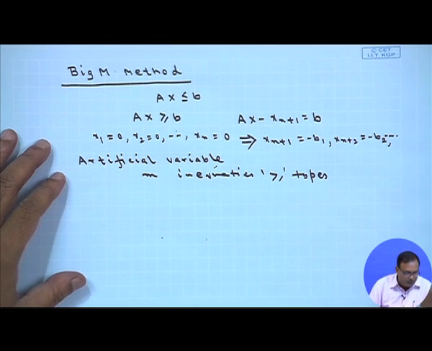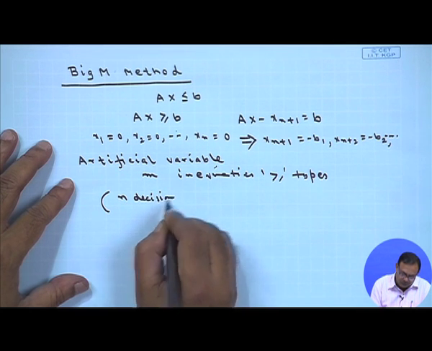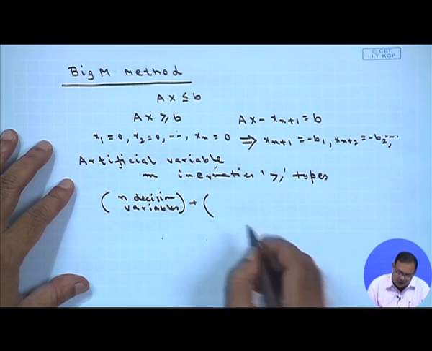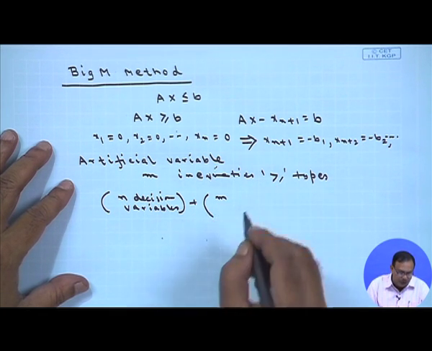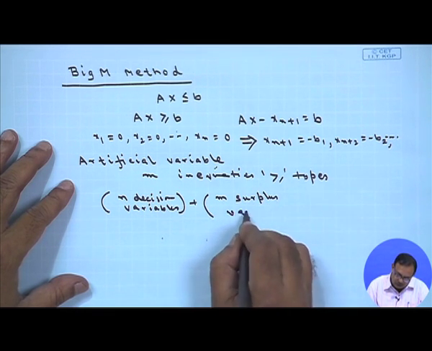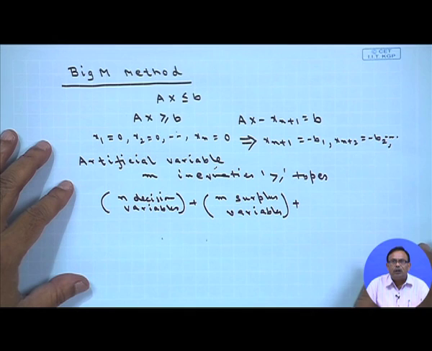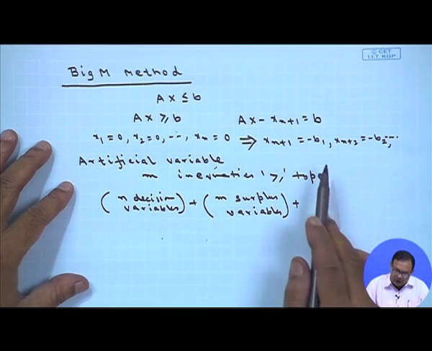You are having n decision variables, this is already there, plus since you are having m greater than equals type constraints, you have to include m surplus variables, and we have told that for each surplus variable I have to add one artificial variable to make this feasible.